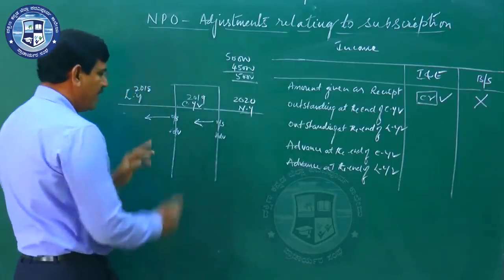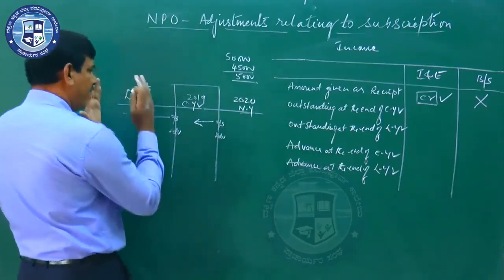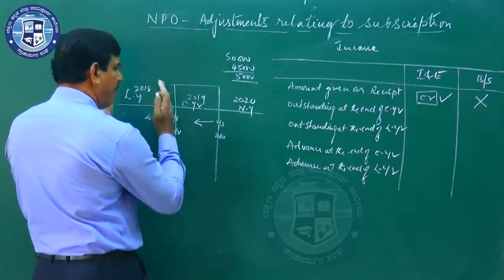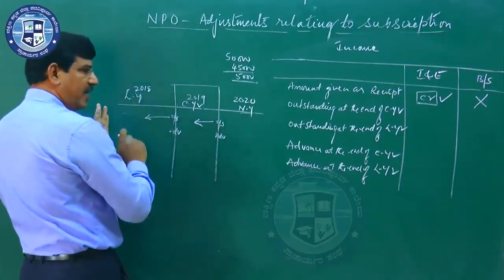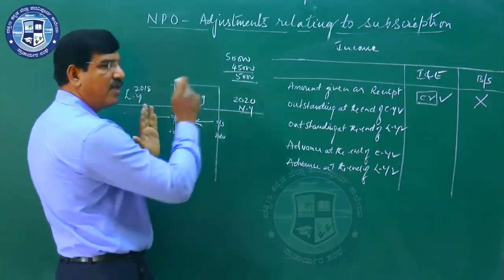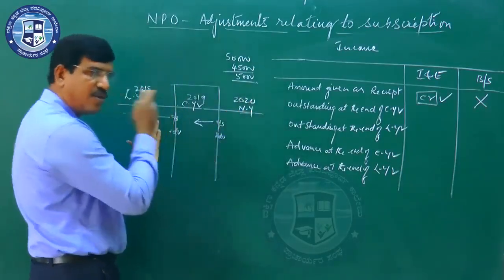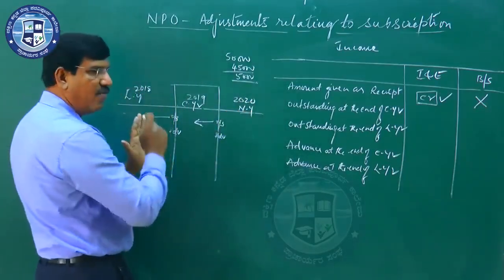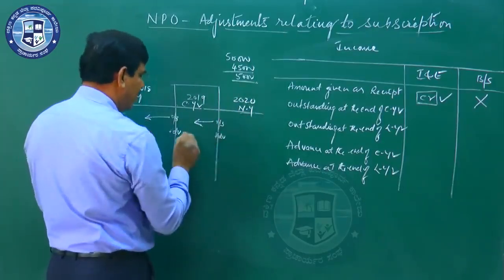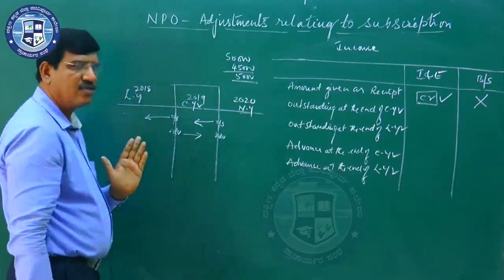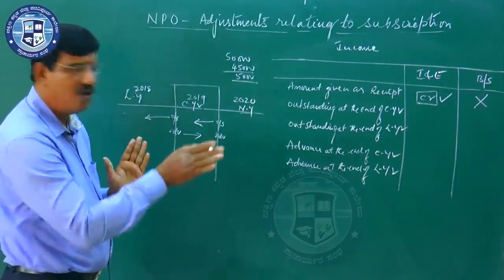Okay. Now advances. You are giving the advances in a particular year for next year or previous year. Advance should be always given to the future years, not to the past years. So when you give the advance, it will be used in the next year. So always advances will have a forward look.